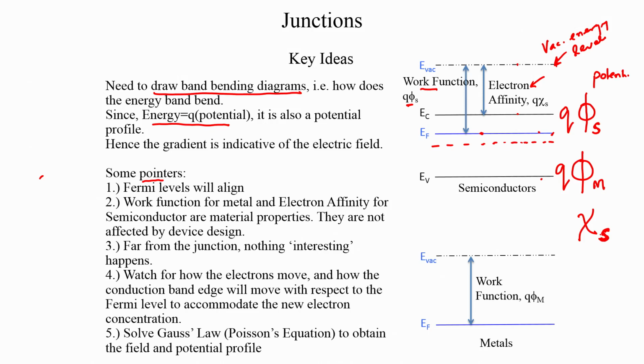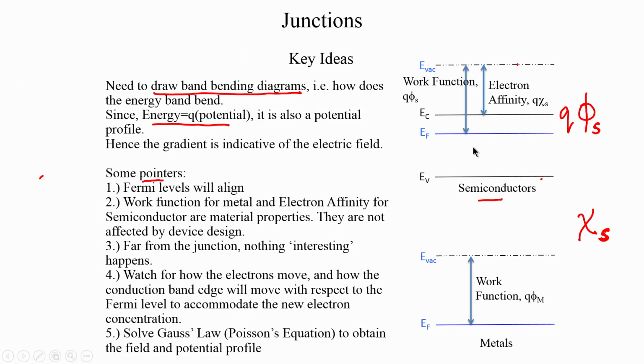For a metal, okay, so in the case of a semiconductor you must always remember that the electron affinity is always a constant, it is a material property. So you can engineer the device in any manner you like, you can apply whatever voltage you like, we can play around with the engineering as much as we want, but the electron affinity is always a constant.